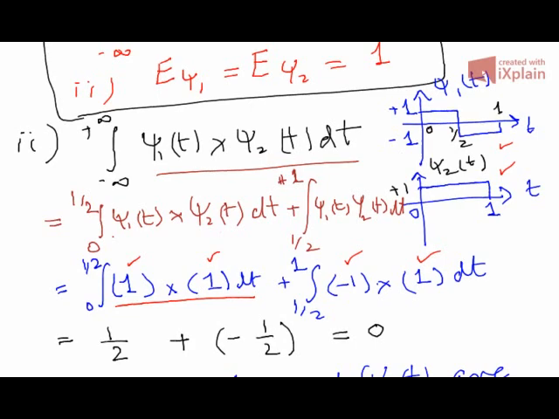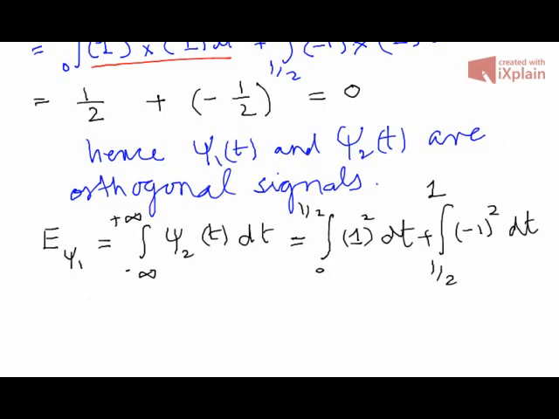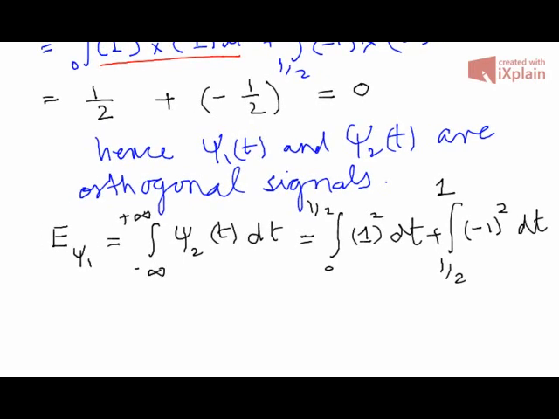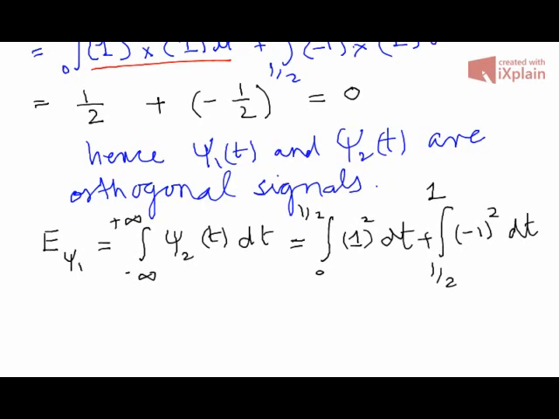So I am taking this integral from here now. We can go further to solve this integral, so let me solve it here. I have 1 squared. 1 squared is unity, so if I integrate it, I'll get half from this integral.